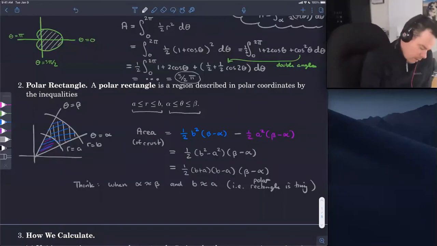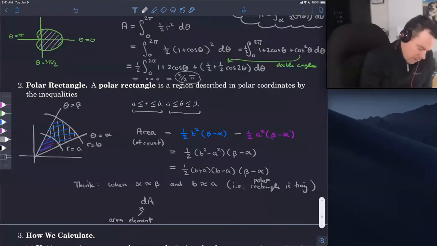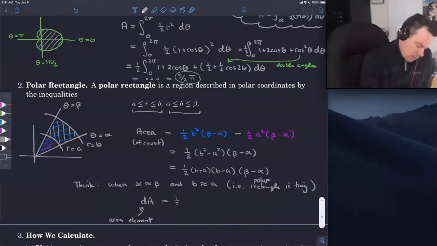What we have is that the area of a tiny rectangle, which we call the area element, the area of a tiny little polar rectangle, is given by what? Well, I look at my formula above. It's 1/2 (b plus a), but b plus a is approximately the same thing. So when they are approximately equal to each other, which we'll call just r, this would be 1/2 of r plus r, or in other words, 2r.